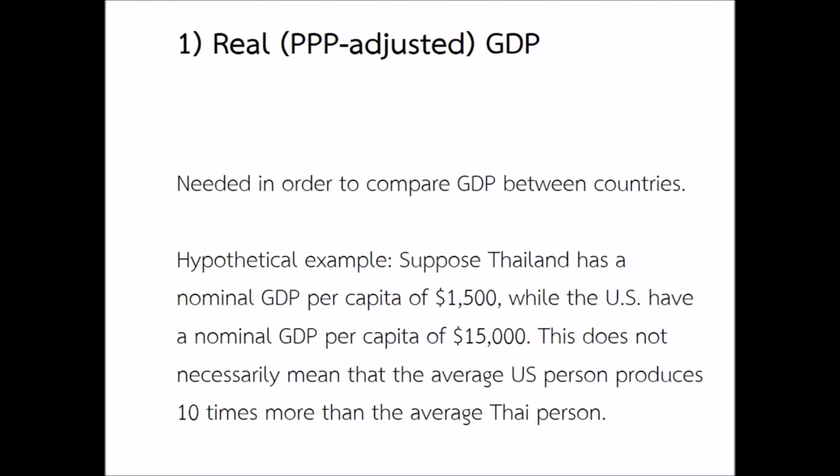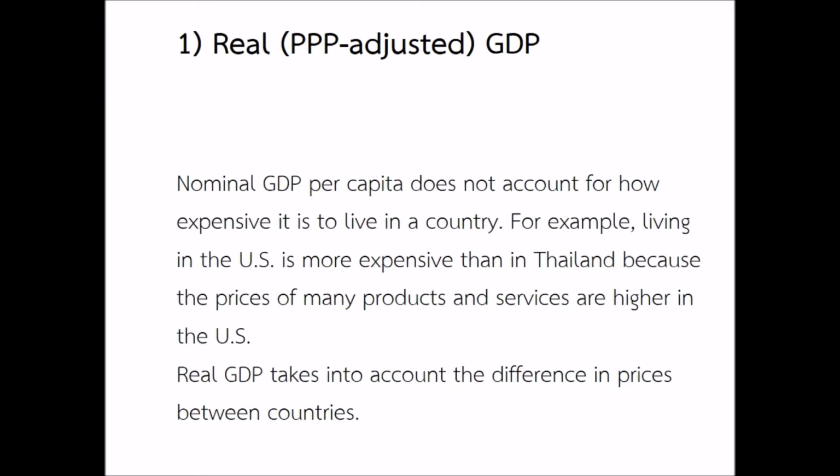It actually means to some extent that the price level in the US is much higher than in Thailand. Nominal GDP per capita does not account for how expensive it is to live in a country.